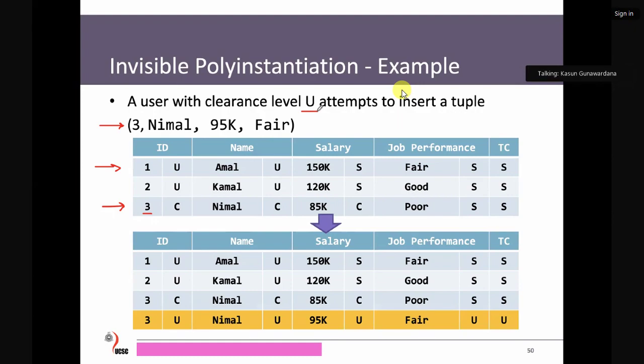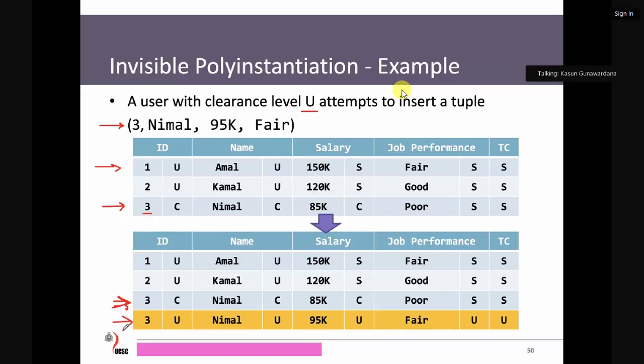So what happens is the user will be allowed to insert the data, which creates polyinstantiation, which means keeping two tuples with the same apparent key. This is the first row, and this is the second row with the same apparent key, right?